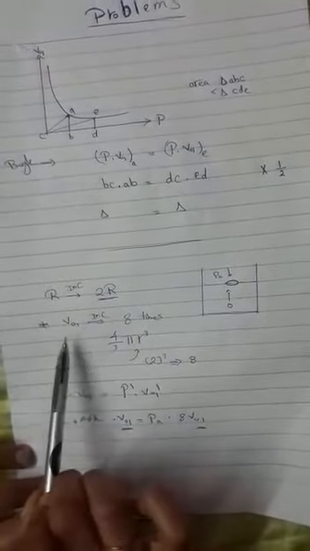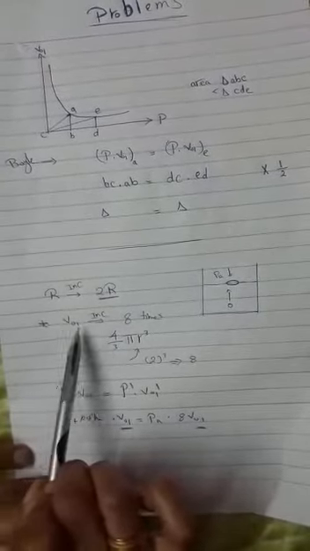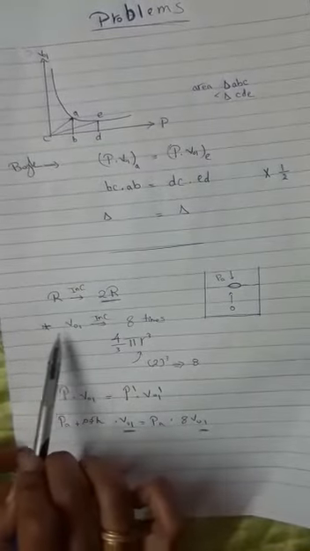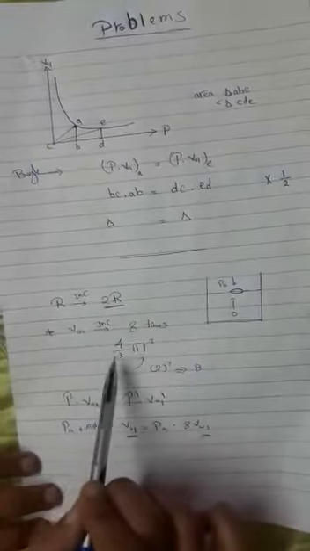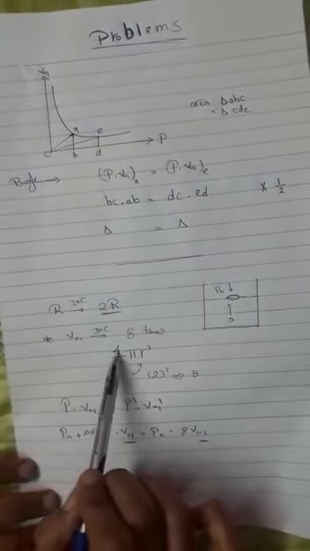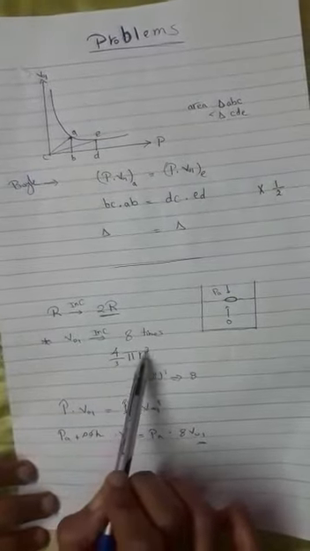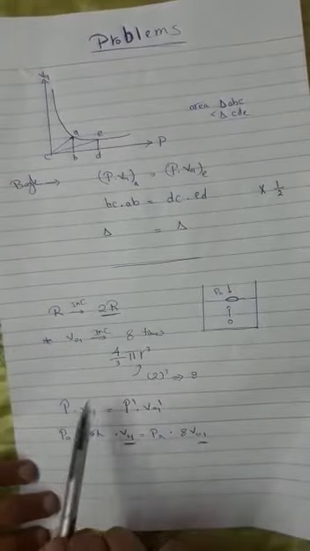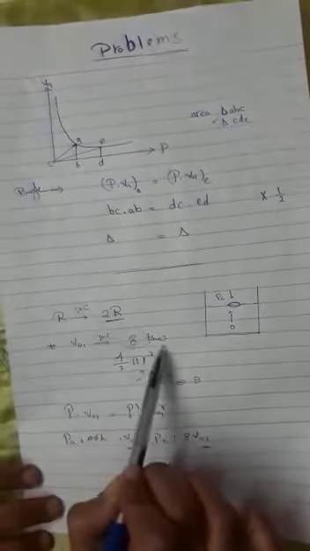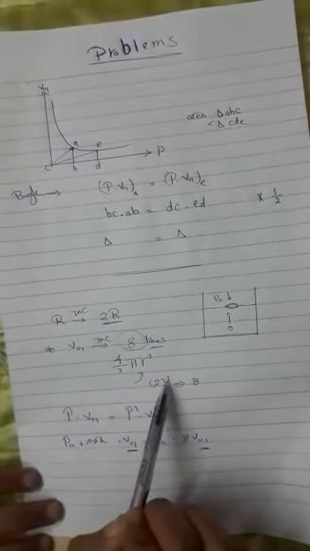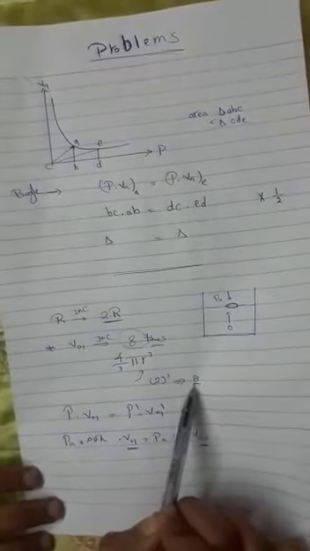We can't say the volume increases to double, because volume is calculated by the relation 4/3 π r cubed. So the volume increases 8 times, since 2 to the power 3 equals 8.